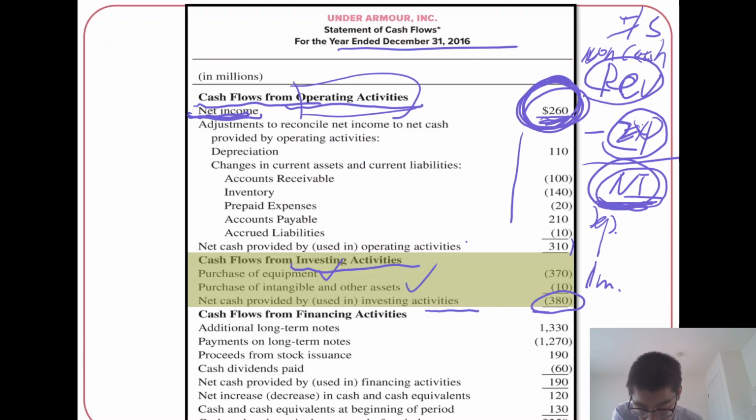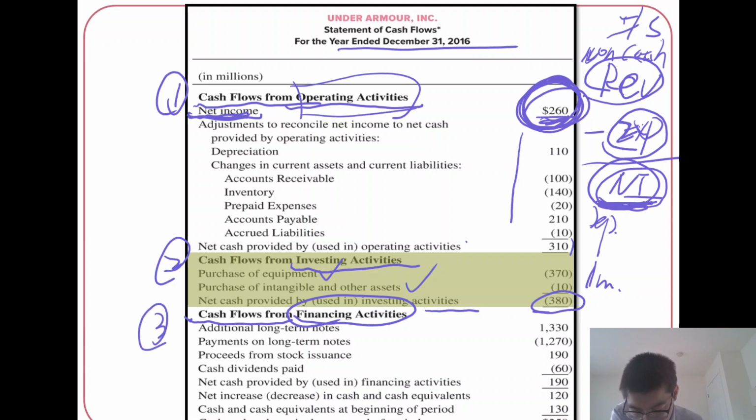From this activity, and then the last one is cash flow from financing activities. Okay, so first operating activities, and then second investing activities, and the third financing activities. You see this additional long-term notes, that we issue notes to fund money, and payments on long-term notes, including principal and interest, right?